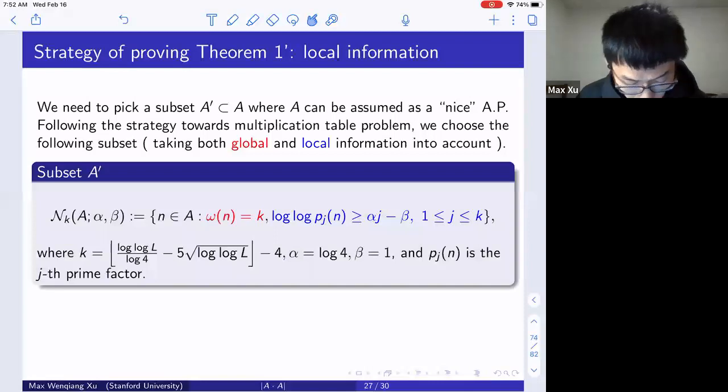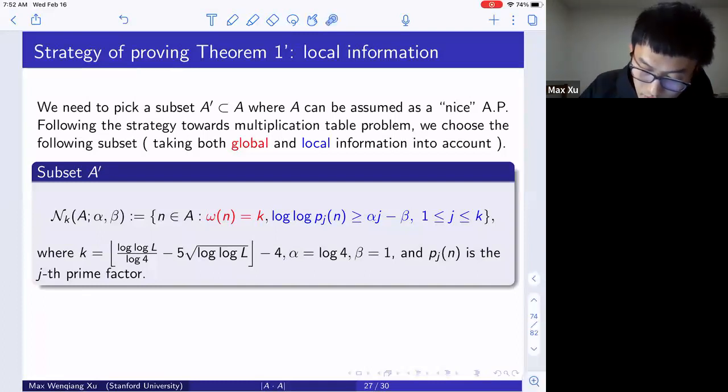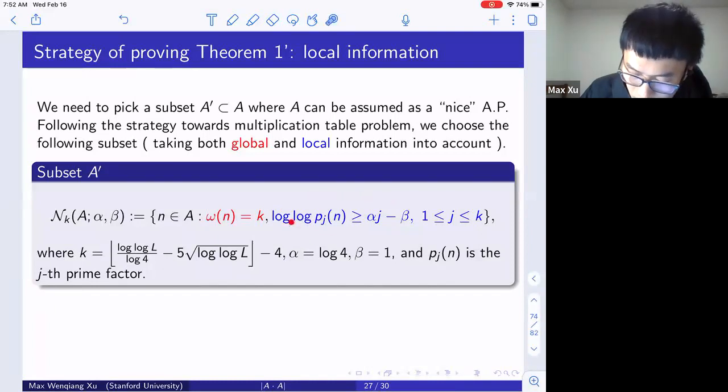So the subset A' we pick is denoted by N_{k,A}. Globally it has omega(n) equal to k prime factors, where k is roughly log L over log 4. And locally, we have some growth condition on the j-th prime factor.